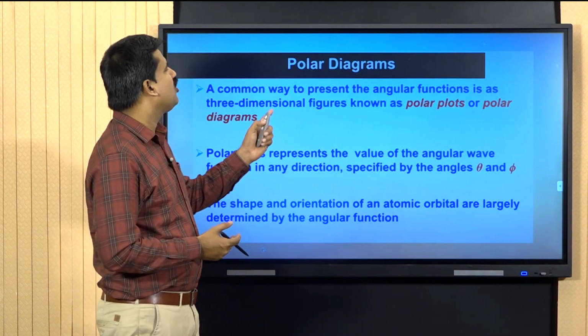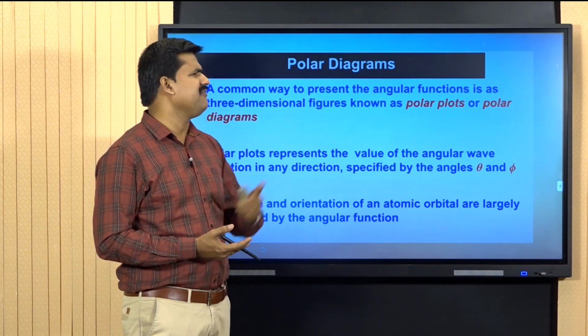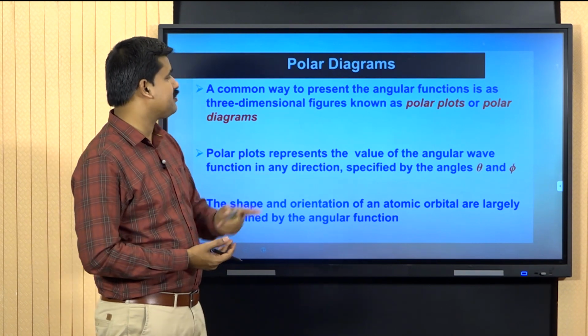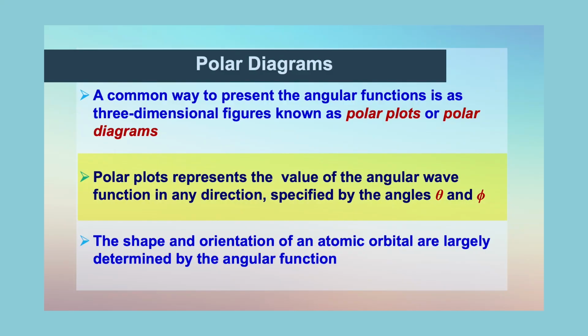Now, polar diagrams. A common way to represent the angular function or spherical harmonics in a three-dimensional figure is known as a polar plot or polar diagram. A polar plot represents the value of the angular wave function in any direction specified by the angles theta and phi.